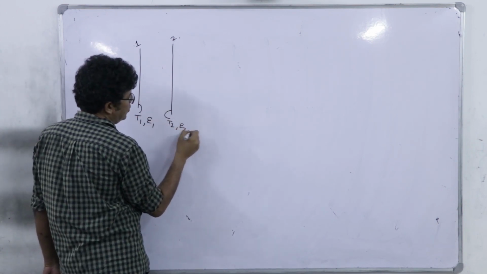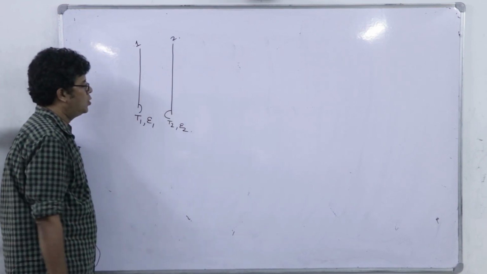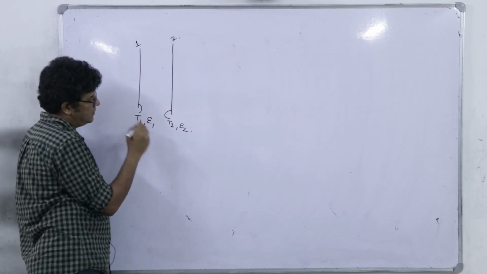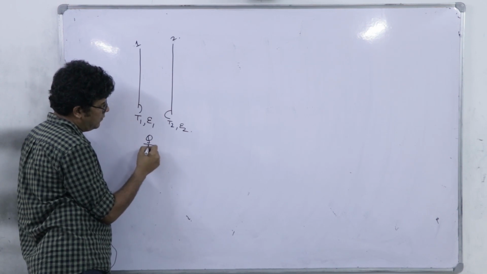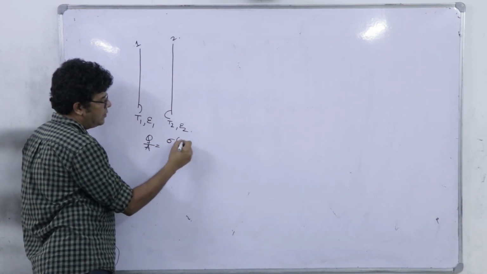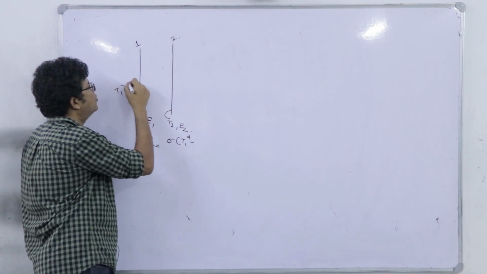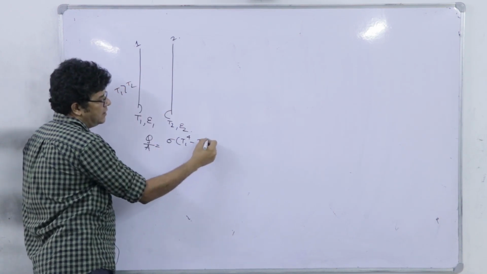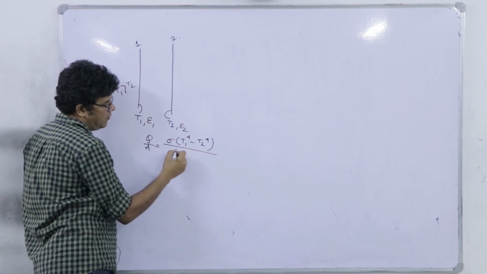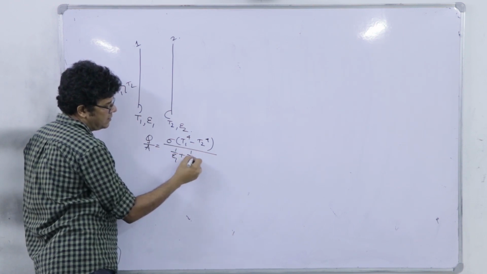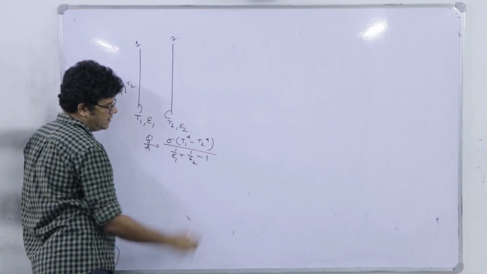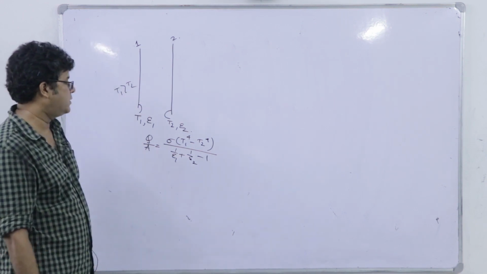This is T2, emissivity epsilon 2. So, we know that if the surfaces are large, Q divided by A is equal to sigma into T1 to the power 4, let us say T1 is higher than T2, minus T2 to the power 4, divided by 1 by epsilon 1 plus 1 by epsilon 2 minus 1, right.